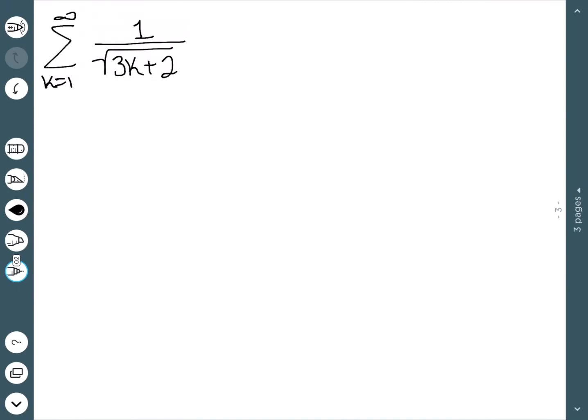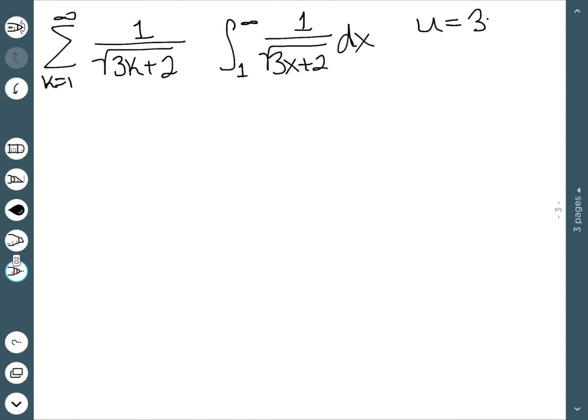Next, I have the series from 1 to infinity of 1 over the square root of 3k plus 2. So I'm going to evaluate the integral from 1 to infinity of 1 over the square root of 3x plus 2 dx. Once again, I'm going to do a U-substitution. I'm going to let u be 3x plus 2.